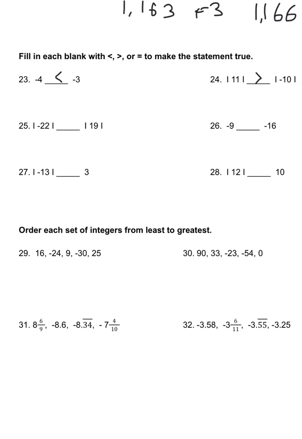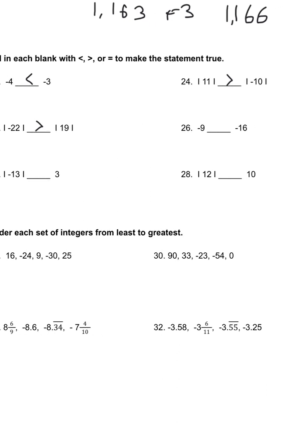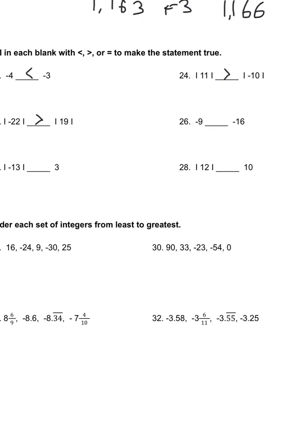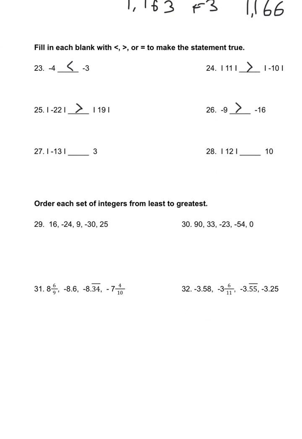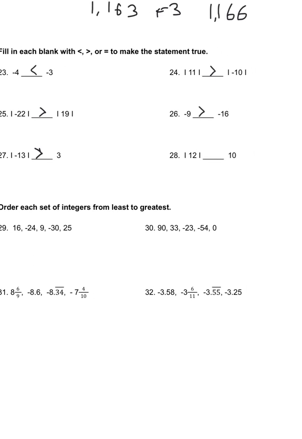Number 25, absolute value of -22 is 22, which is going to be bigger than the absolute value of 19. Number 26, -9 is greater than -16. 27, the absolute value of -13 is 13, which will be bigger than 3. And number 28, the absolute value of 12 is bigger than 10.